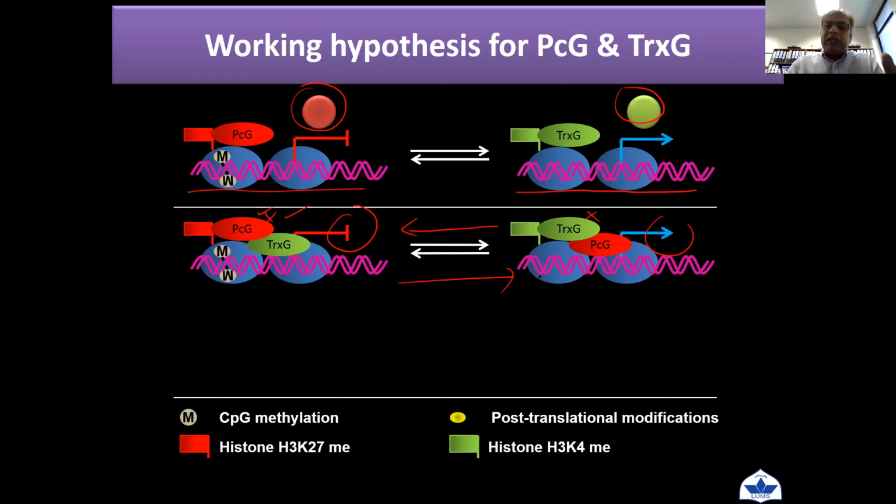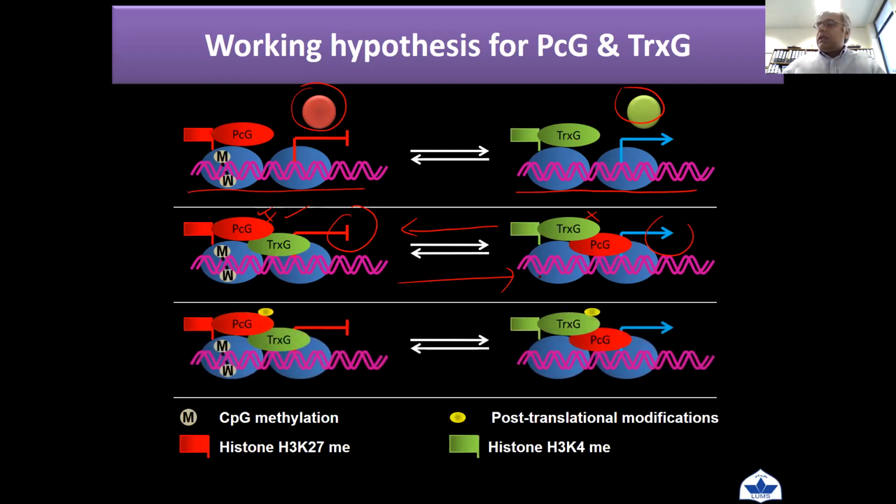So what then determines whether a gene will be switched on or switched off? Eleven years ago, when I came back to Pakistan, we thought that there must be some cell signaling components, some post-translational modifications of Polycomb, or some additional components of Polycomb and Trithorax, because what we know about them does not really tell us which one will rule.